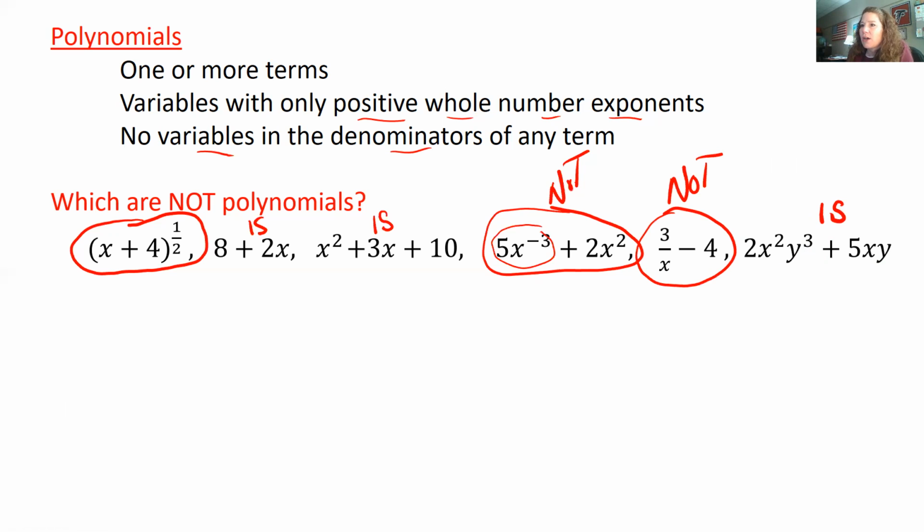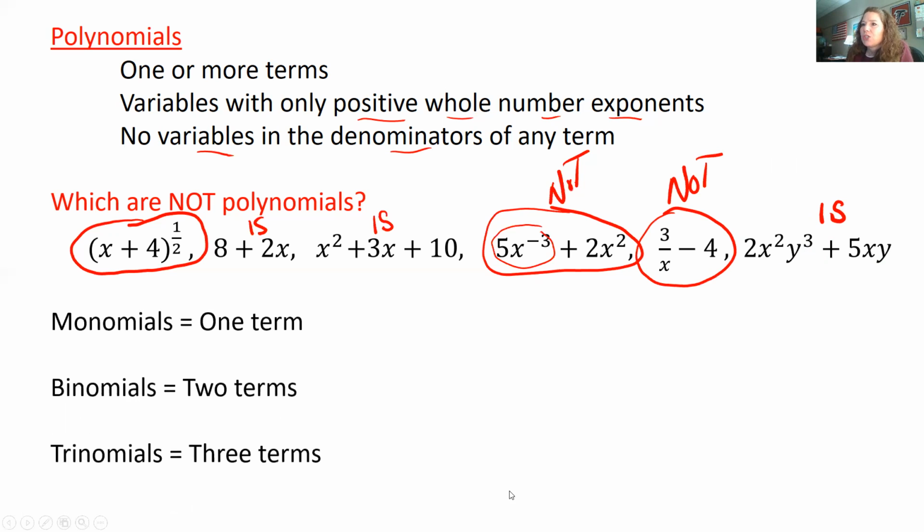All right, so let's see what else. You have different types of polynomials. If you have one term, that is a monomial. You could have a term that is a whole number not attached to a variable. That's called a constant. So the number 5 would be a constant. The number -3 is a constant. Those are both one term.